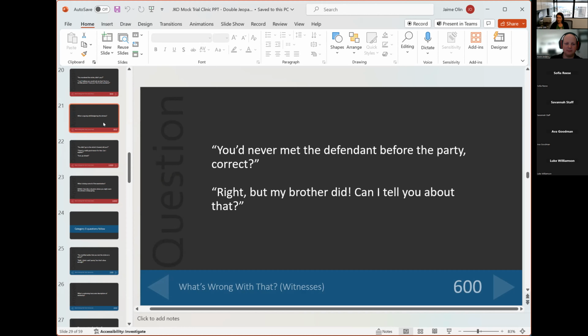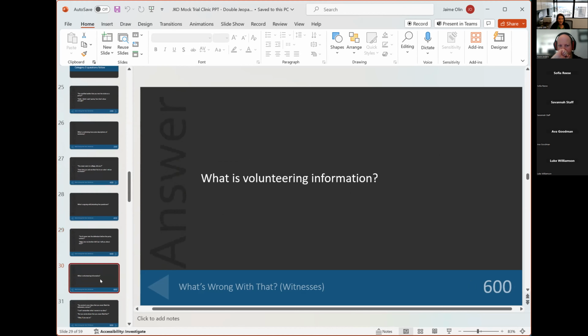Does anyone else have thoughts on this one? Okay, and certainly if the witness went on to answer and wanted to talk about what the brother was doing or what the brother told them, then that would be a question that called for hearsay. And in this circumstance, it's also volunteering information.